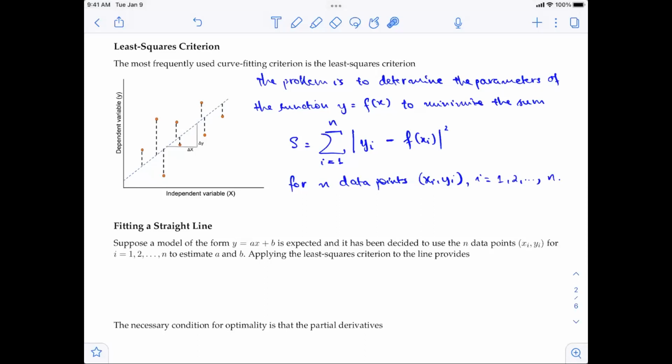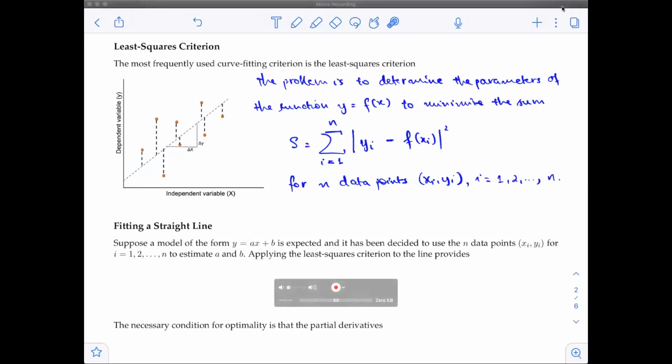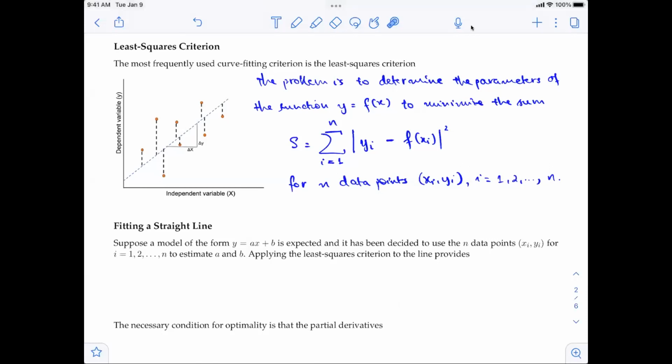Let's derive a formula for the parameters of the functions that we want to use to fit n data points. The first function that we're going to consider is just a straight line, or linear function, of the form ax plus b. Suppose a model of the form y equal to ax plus b is suspected, and it has been decided to use the n data points to estimate a and b.